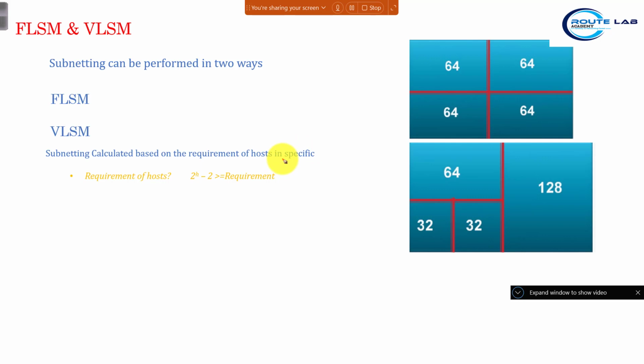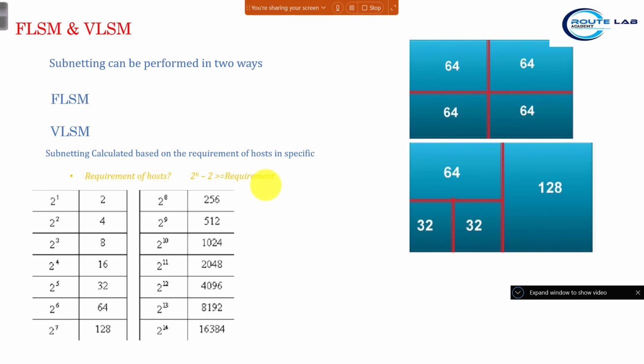To perform this calculation, we have some formulas. If your requirement is based on hosts, we use the formula 2 power h minus 2 greater than or equal to the requirement. Based upon these two categories, VLSM and FLSM, we perform the calculations of subnetting.